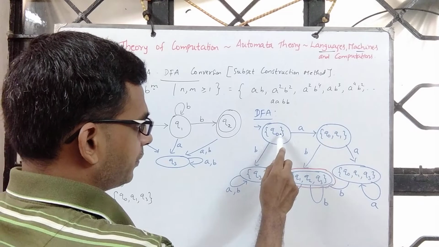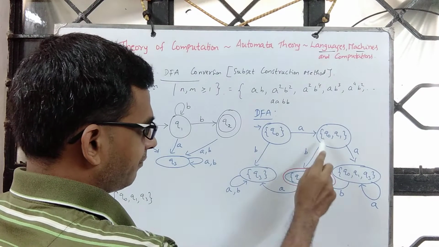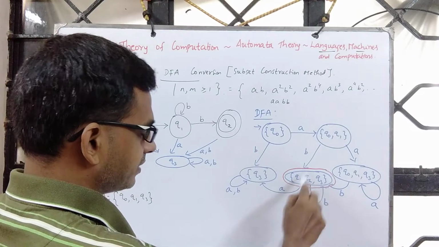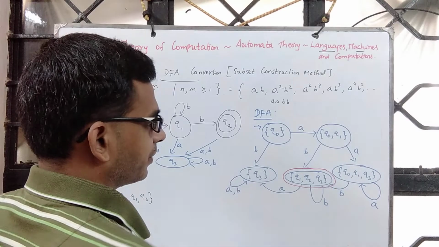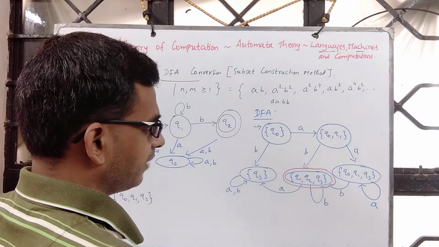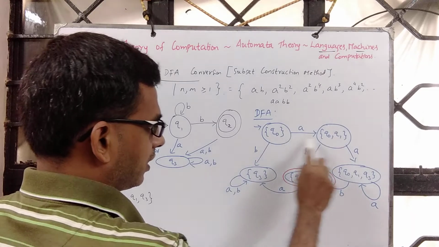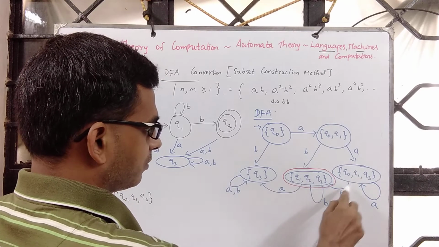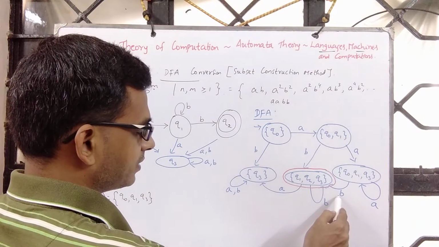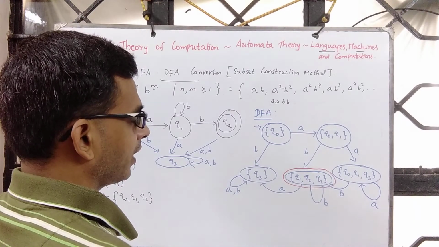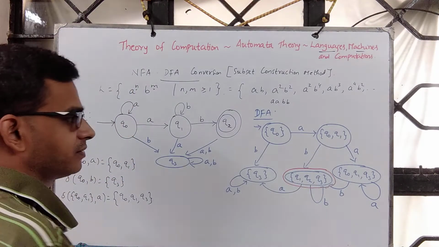Now if you want to read A followed by B, yes, or A followed by any number of B's, yes, or two A's followed by at least one B, yes, or any number of A's followed by any number of B's, ensuring at least one B. And if you just need one A, we do this.